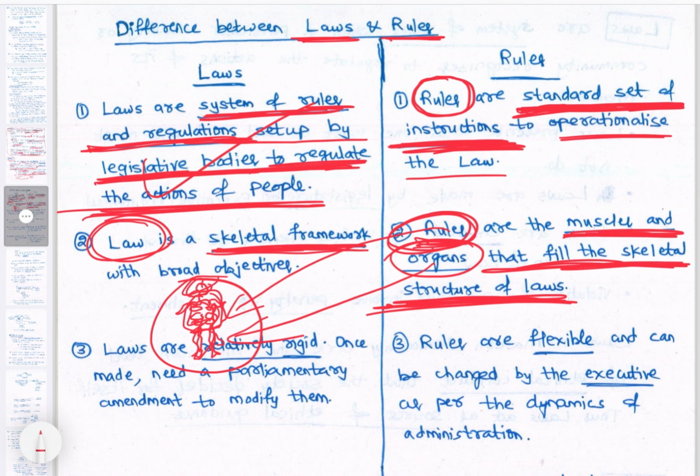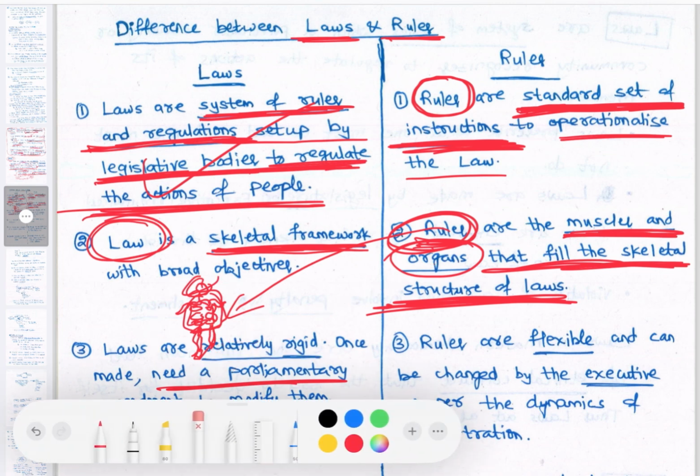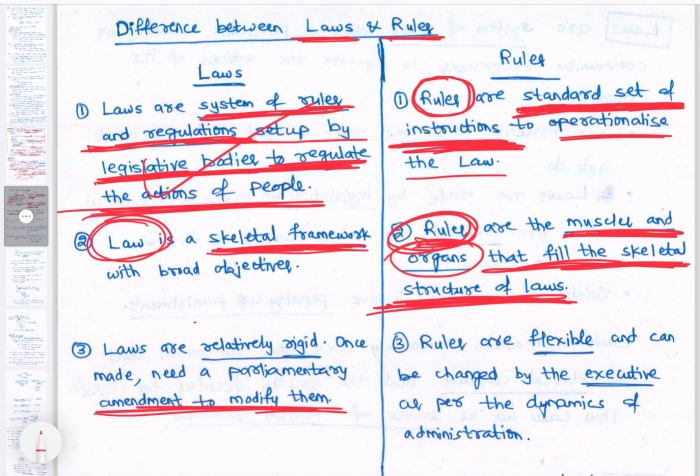Okay. Then laws are relatively rigid, in the sense that once made, they need a parliamentary amendment to modify them.